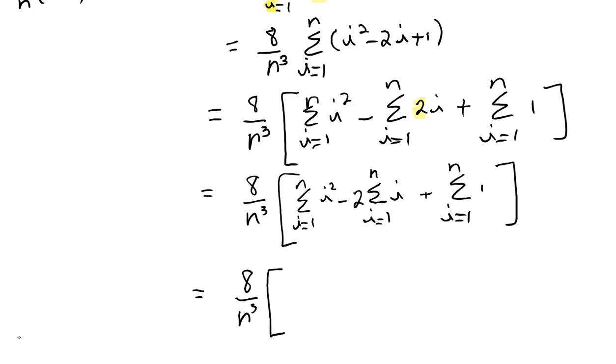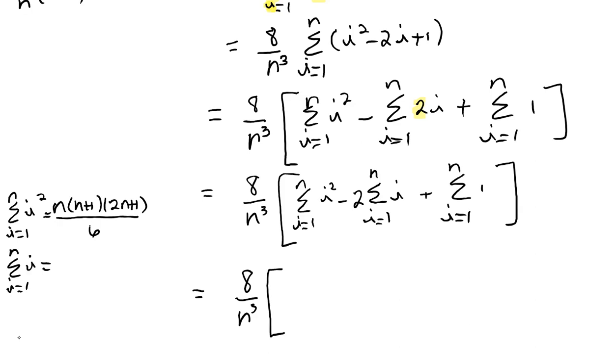And the summation formulas, I'll write it over here, sum i equals 1 to n of i squared is equal to n times n plus 1 times 2n plus 1 over 6. The sum of i equals 1 to n of i is n times n plus 1 over 2.